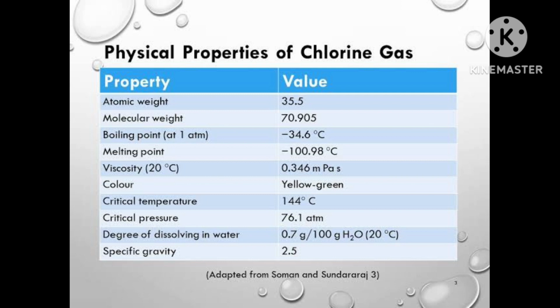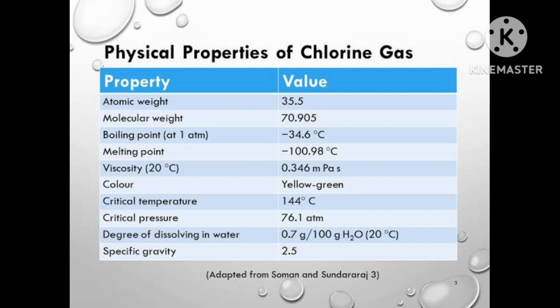This question is asked: chlorine is used in the extraction of gold and platinum.